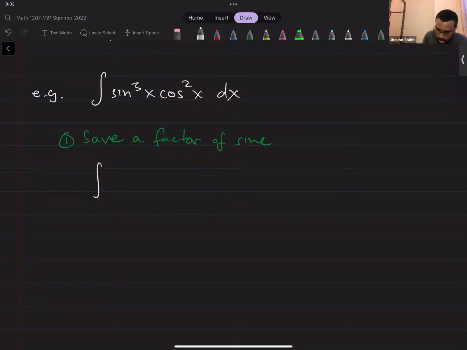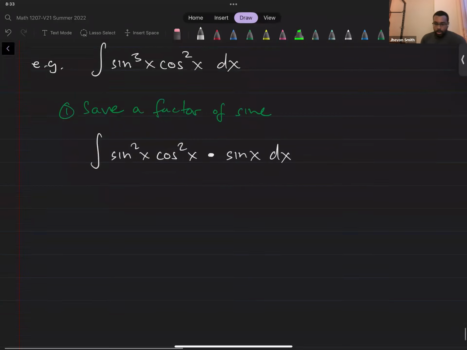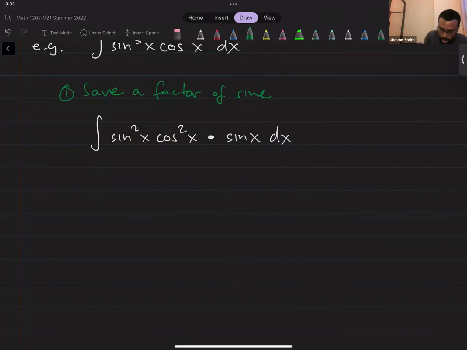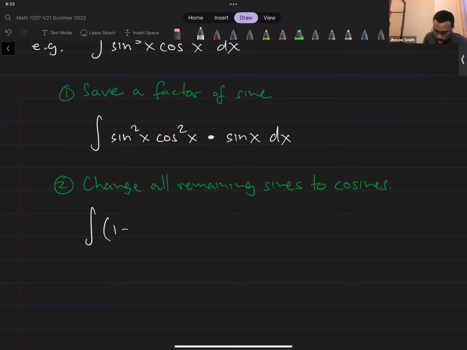You're going to take one of those factors of sine and move it off to the side, sine x dx. The second thing you're going to do is change all remaining sines to cosines. Here I have that sine squared, so I'm going to change it to 1 minus cosine squared.